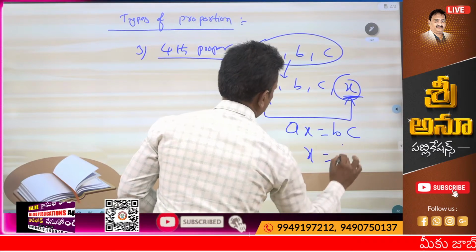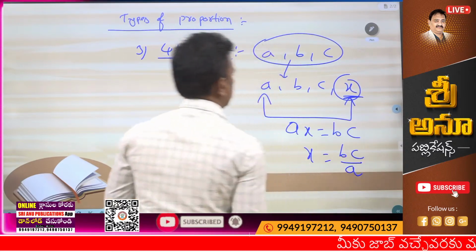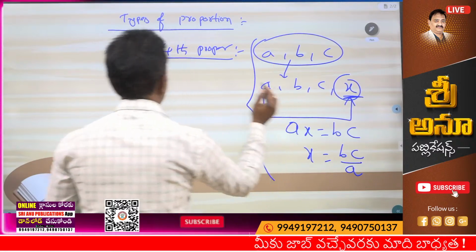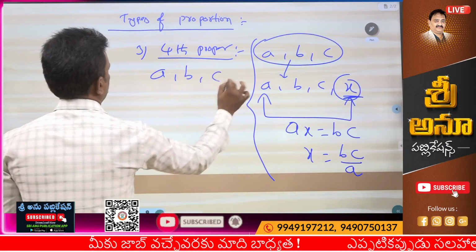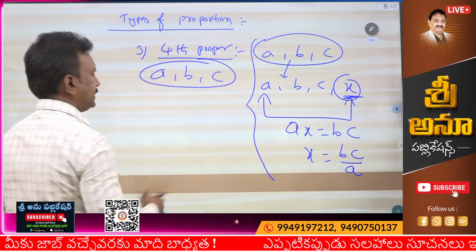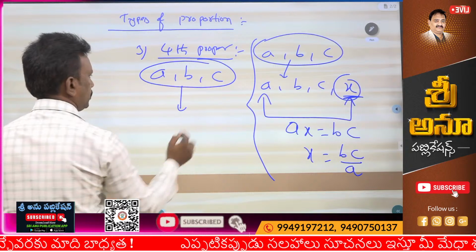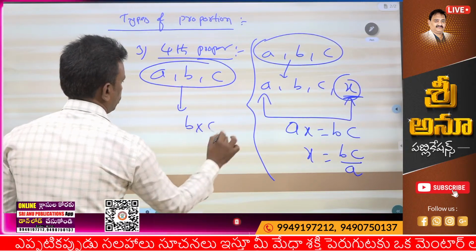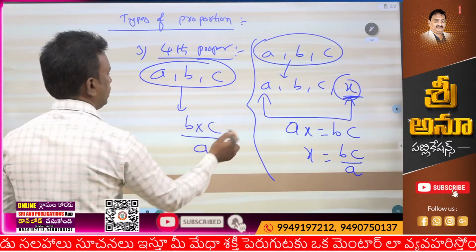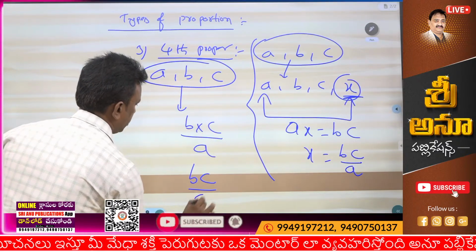So X is equal to BC by A. Without writing these steps, just write the direct condition. In case of 3 quantities A, B, C, the fourth proportion is the product of the last two, B into C by A. Remember the formula BC by A.